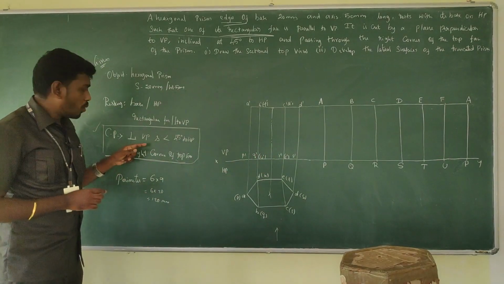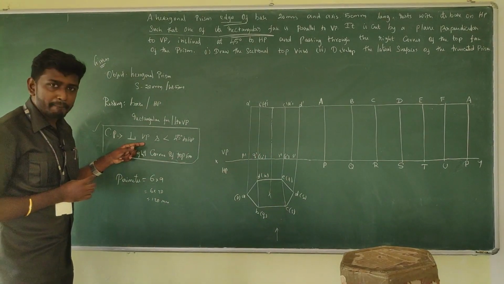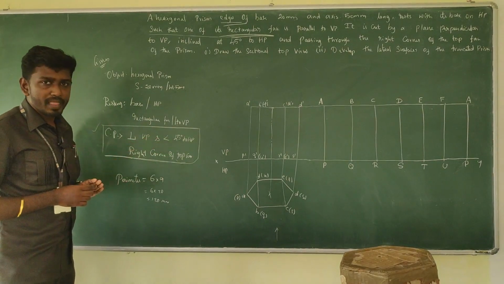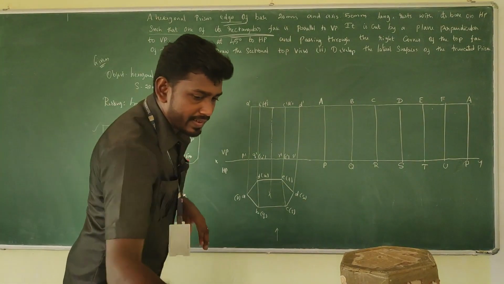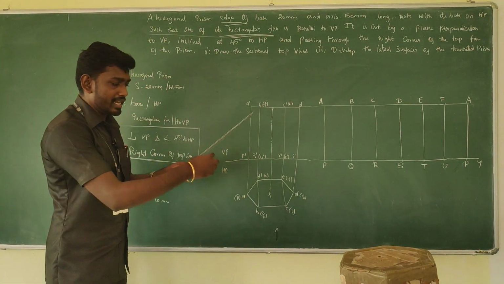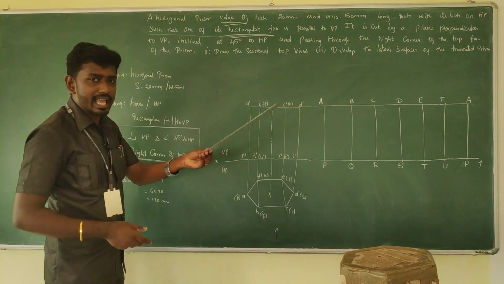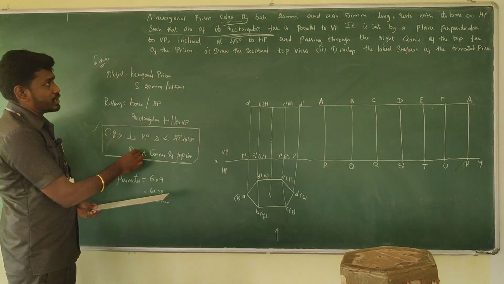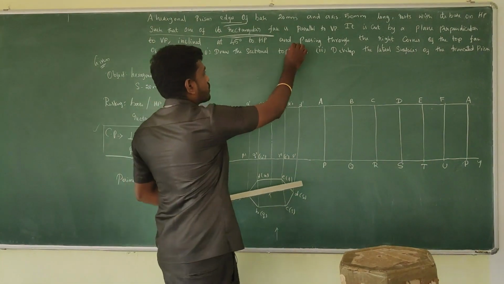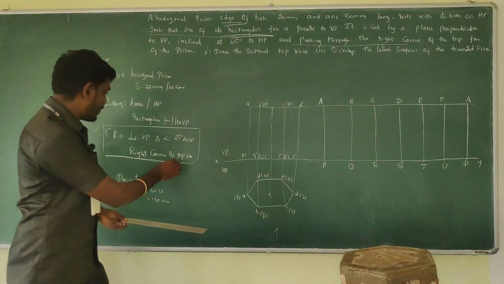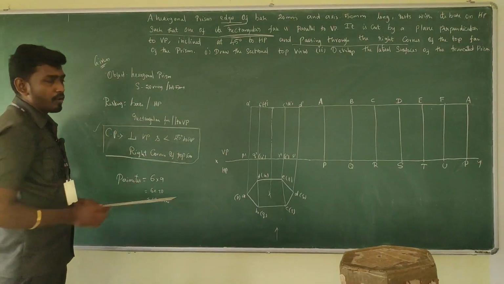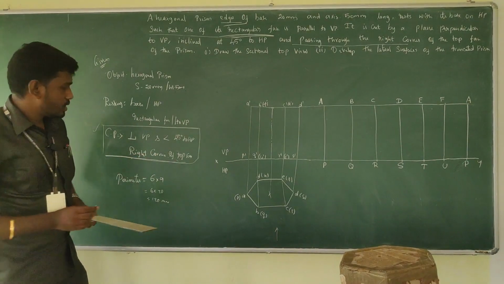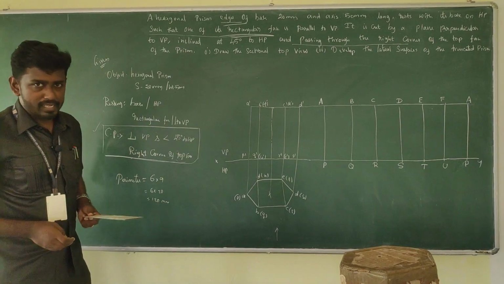Okay, cutting plane. What's the condition for the cutting plane? The cutting plane is perpendicular to VP and inclined 45 degrees to HP. This is how the cutting plane is placed. But the condition is the cutting plane passes through the right corner of the top face, the right corner of the top base.